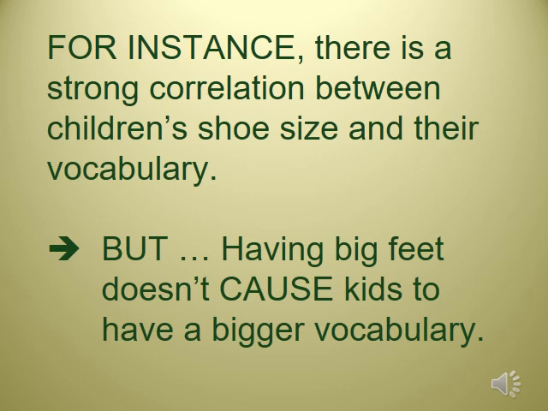But big feet isn't what's causing kids to have a bigger vocabulary. What's really going on is you've got another variable, which is age, that affects both of those. As kids get older, they wear bigger shoes and they also know more words. And because of that, the lurking variable here is going to be age.